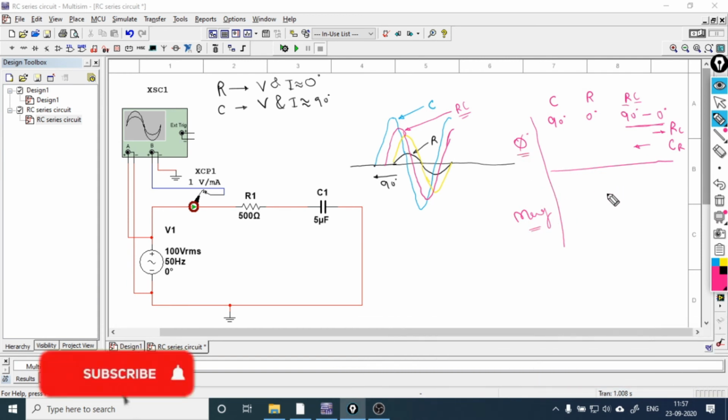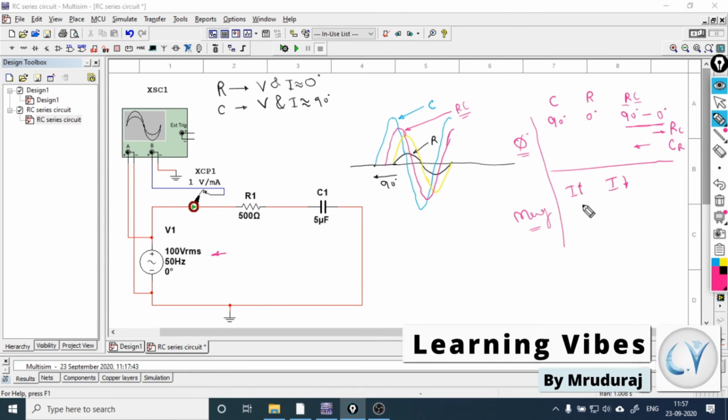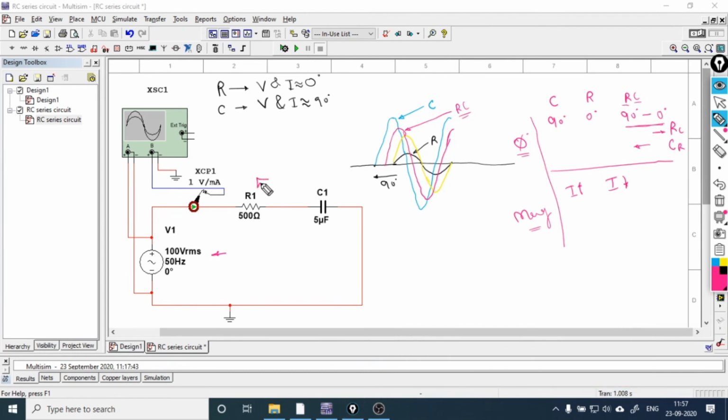Keeping all the parameters the same, when the circuit is purely resistive, the current's magnitude is minimum with the same applied voltage. But when the circuit is capacitive, the current's magnitude increases, and we have seen this in this circuit. This is because we are ultimately reducing the resistance.